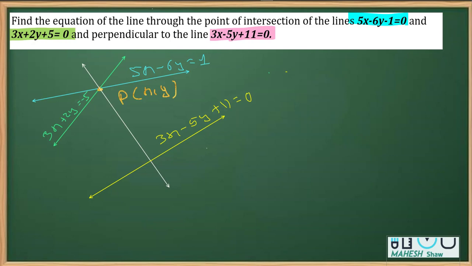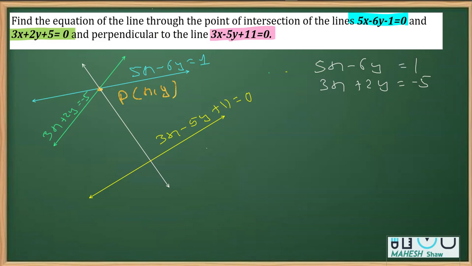The first thing we are going to do is to obtain the coordinates of P, and that we can do by solving these two equations. So point of intersection, as you know, can be obtained by finding the value of x. So these are the two equations I wrote. Have I copied it correctly? Yes, 3x plus 2y is minus 5.